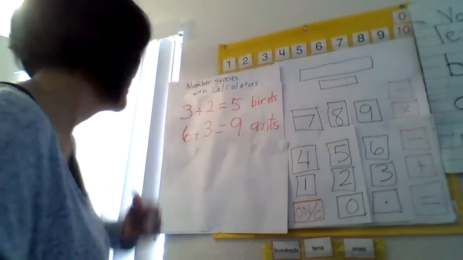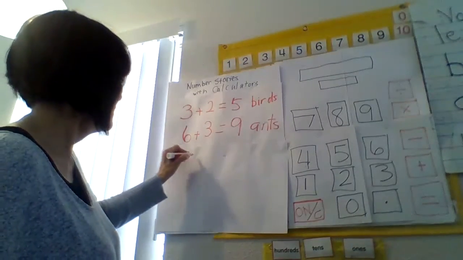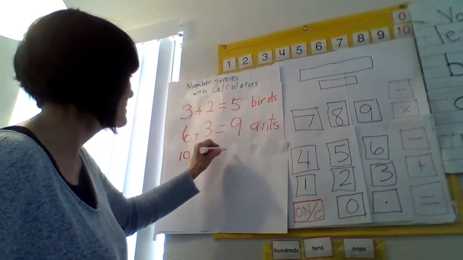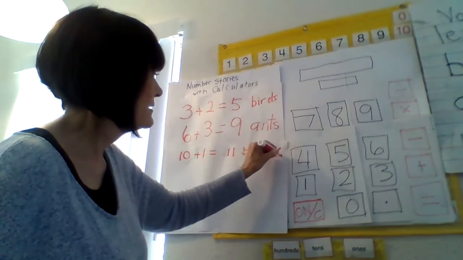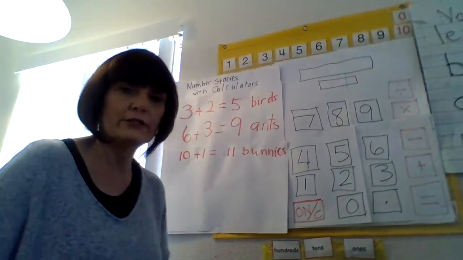All right, here we go. 10 plus 1 equals 11 bunnies. Little cottontail bunnies.